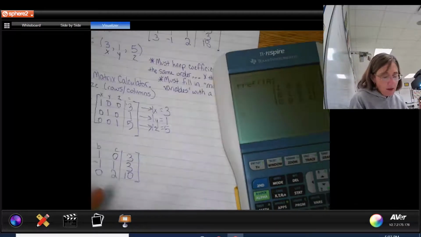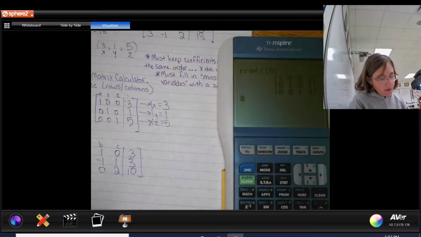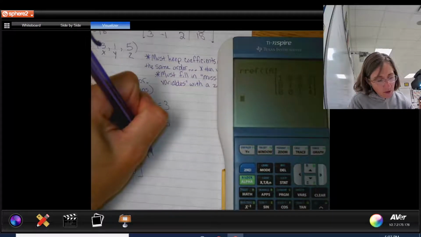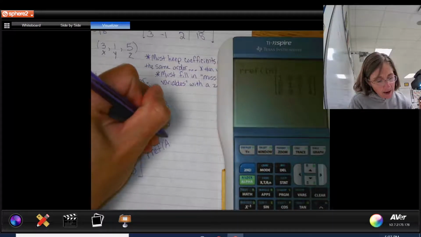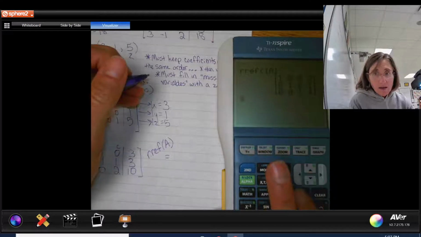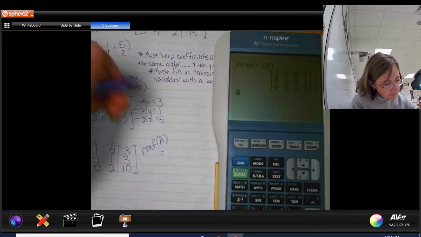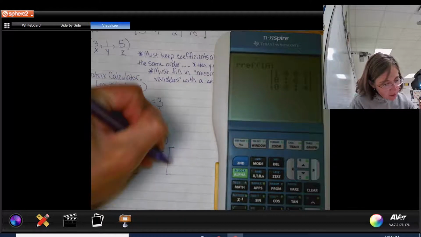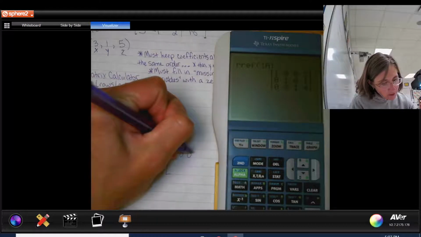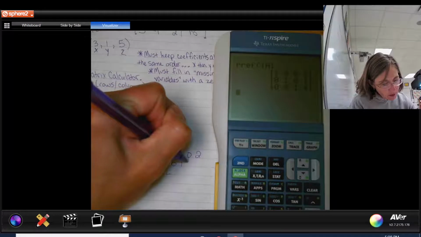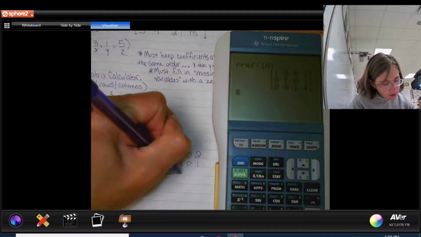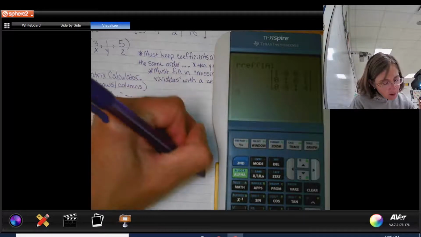So reduced row echelon form of A gives me 1, 0, 0, 2, 0, 1, 0, 1, 0, 0, 1, 4.